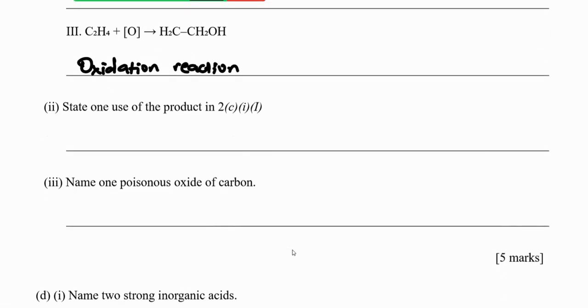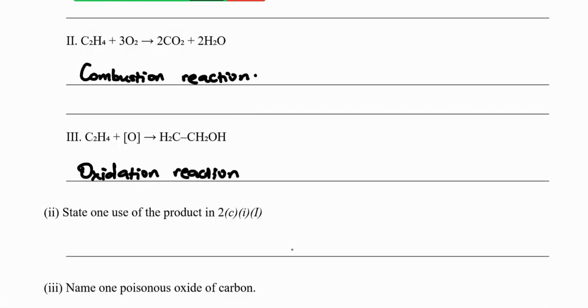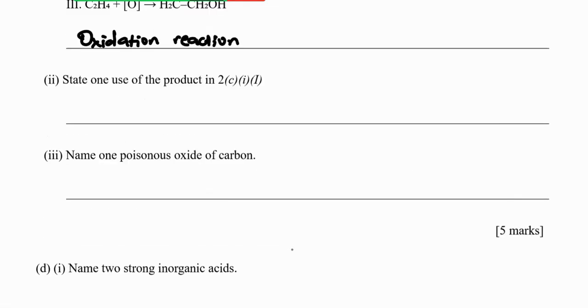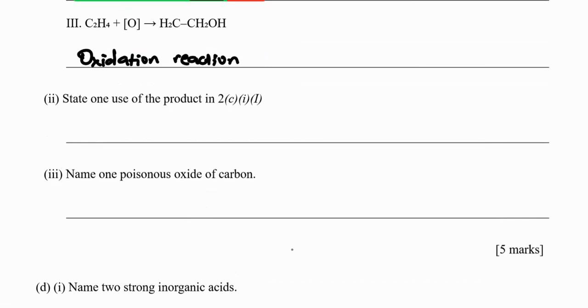Now, the next question says, take one use of the product in 2CII, which is the polymerization reaction. One use of the product. So, what are polymers used for? We have polymers like polythene. Polymers are used in making plastics.